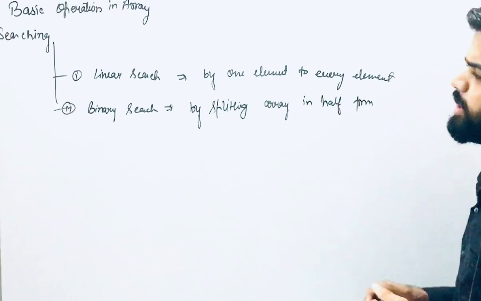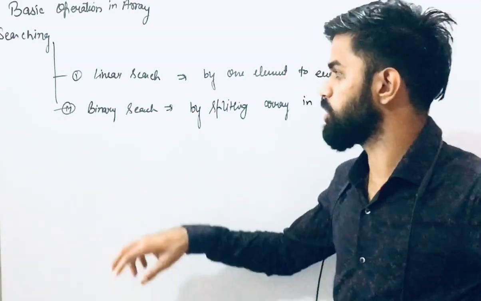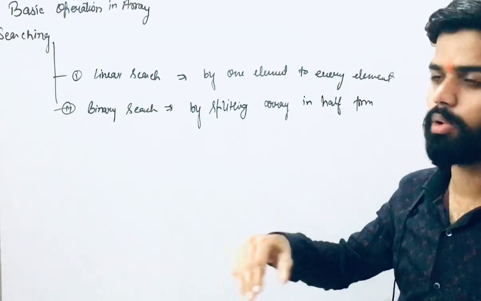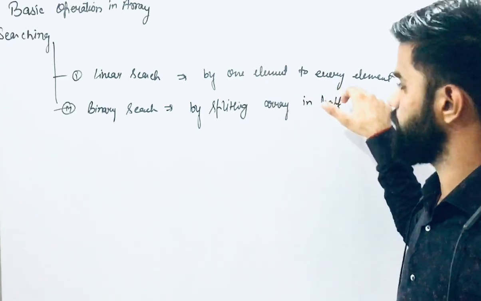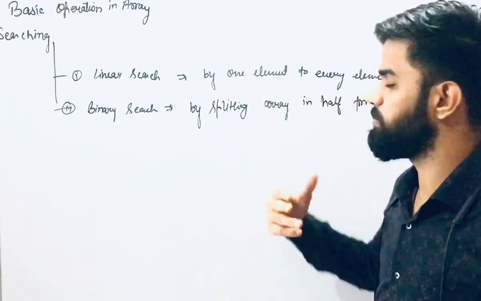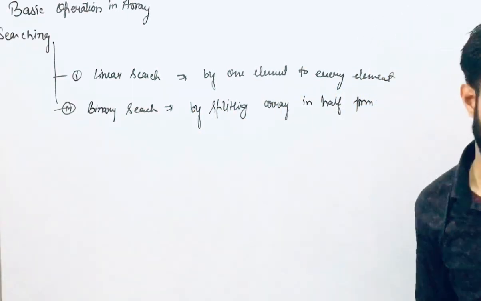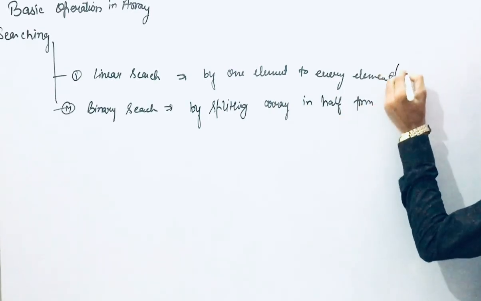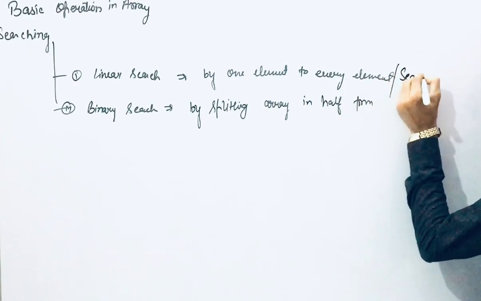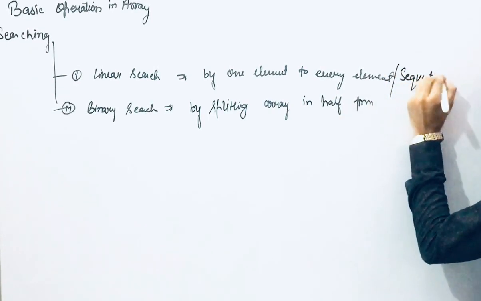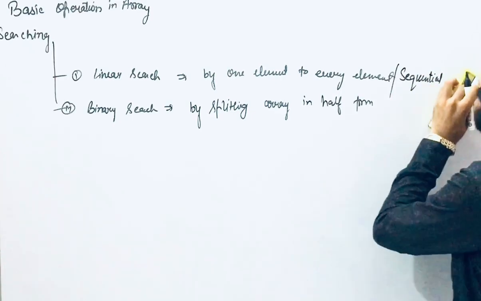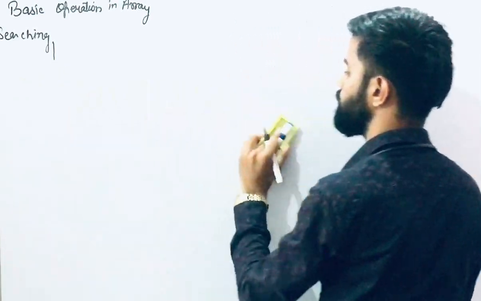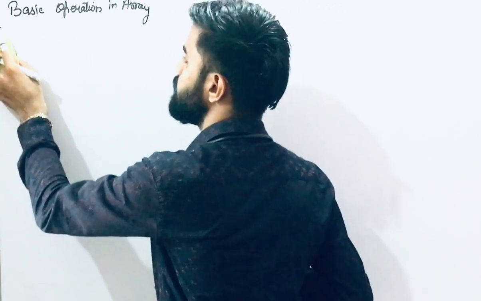This is the basic way of both search options. In linear search we compare one number with every element, and in binary search we split our array values. Linear search is also called sequential search.